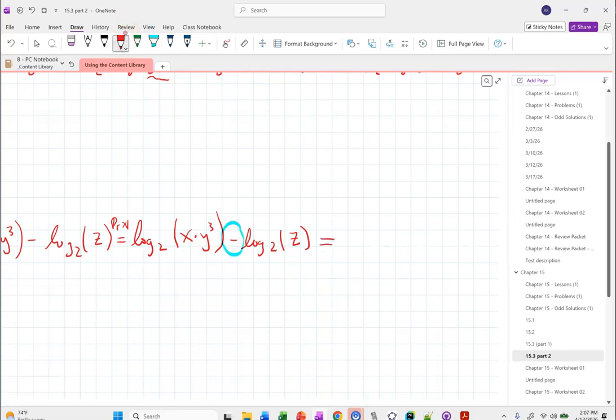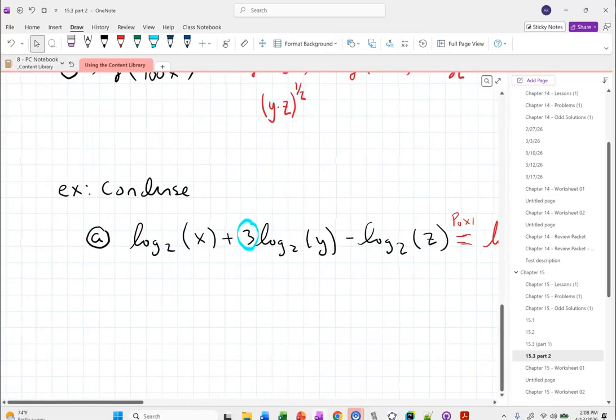Yes, I do. So the positive part of my quotient property becomes the numerator, and the minus part of my quotient property becomes the denominator. How do you guys feel on this? It's okay? All right, let's do another.